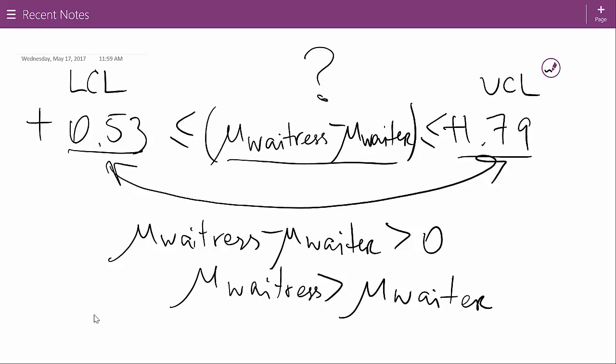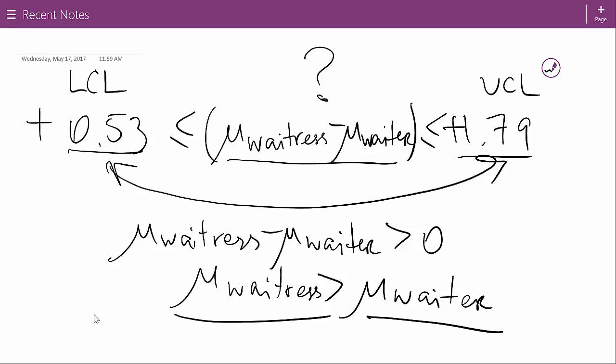So from the analysis of the confidence interval, I was able not just to conclude that they earn not the same but different tips, but more precisely, I was able to state that waitresses are actually getting more tips on average than waiters. So even more information. It's not just that they're not the same; more specifically, waitresses are getting more money in terms of tips.